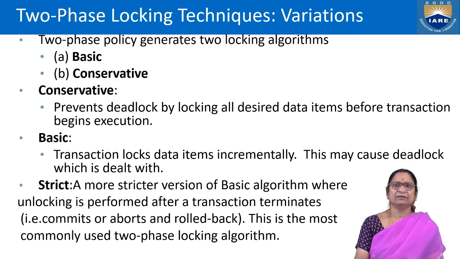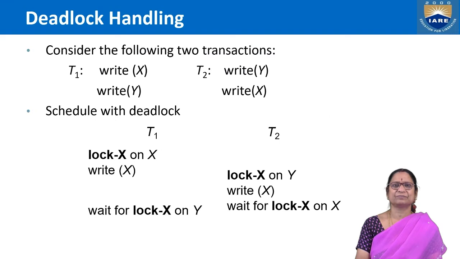This is the most commonly used two-phase locking algorithm in most software. While allocating these locks, sometimes the transaction may enter a deadlock state. What is this deadlock state, and how do we handle it?